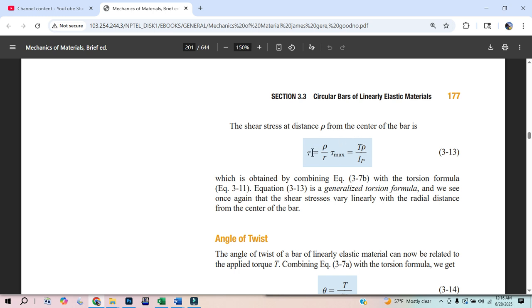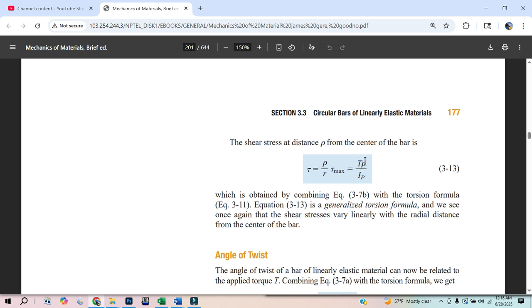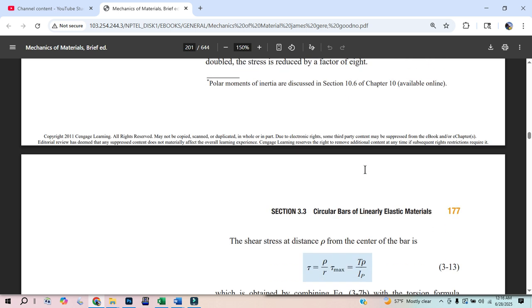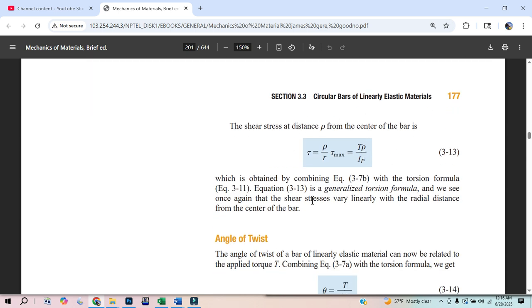That's always linear. So this should be half of T max when rho is R divided by 2. So if rho is R divided by 2, we'll have T R IP divided by 2. And so let's go up here to what T max says. T max says TR divided by IP. So if we just divide this by 2, we have the shear at that rho divided by 2 distance. And so that's what this equation says.